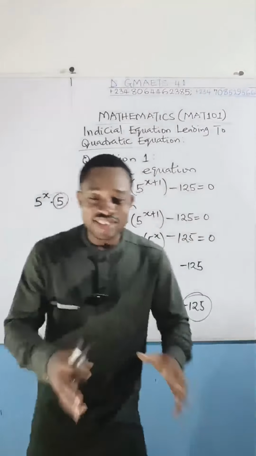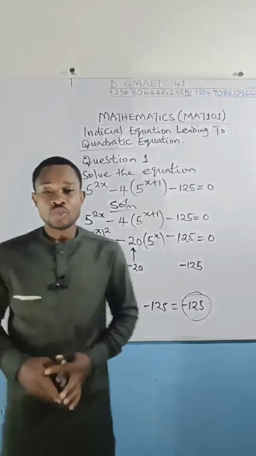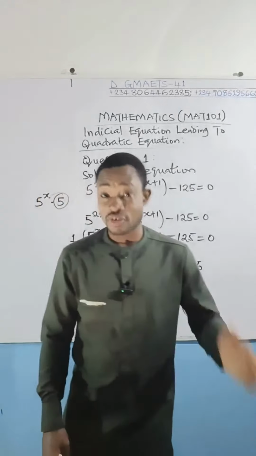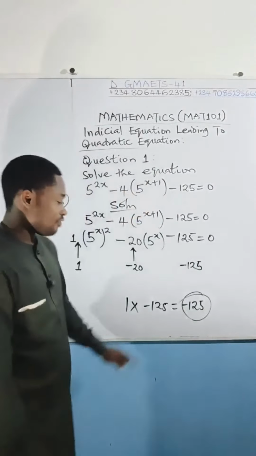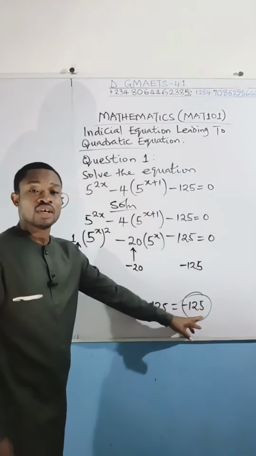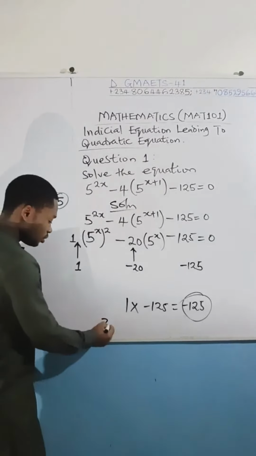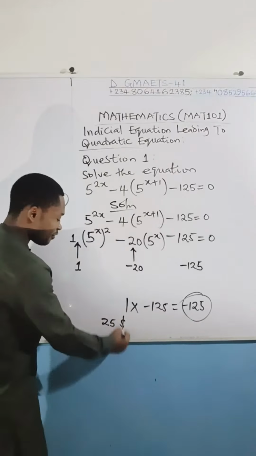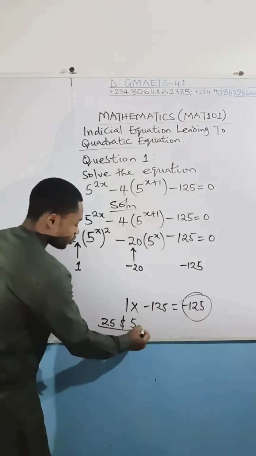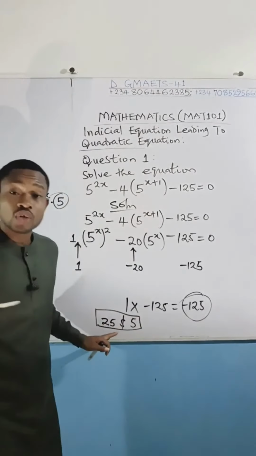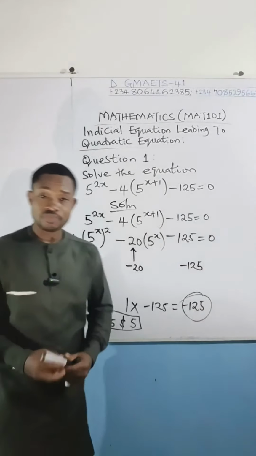An excellent knowledge of multiplication, which will lead you into factors of numbers, will tell you that the factors of 125 which, if you add, you get 20, will be 25 and 5. 25 and 5 will solve this question for us, okay?